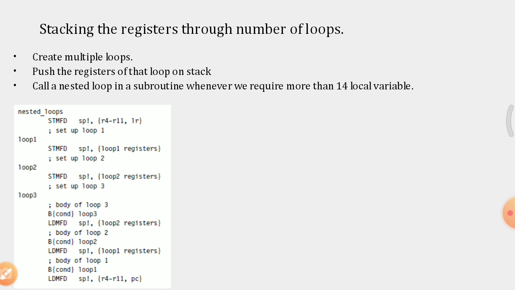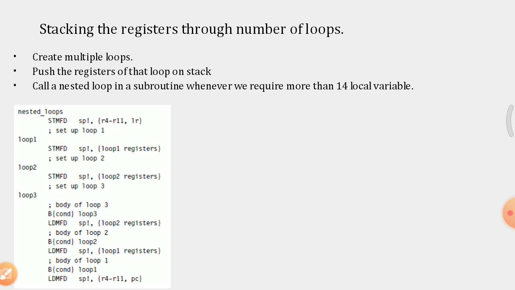So every time we go to a loop, we can directly call those registers which are stored in the stack memory. These loops can be involved in the same subroutine program only.